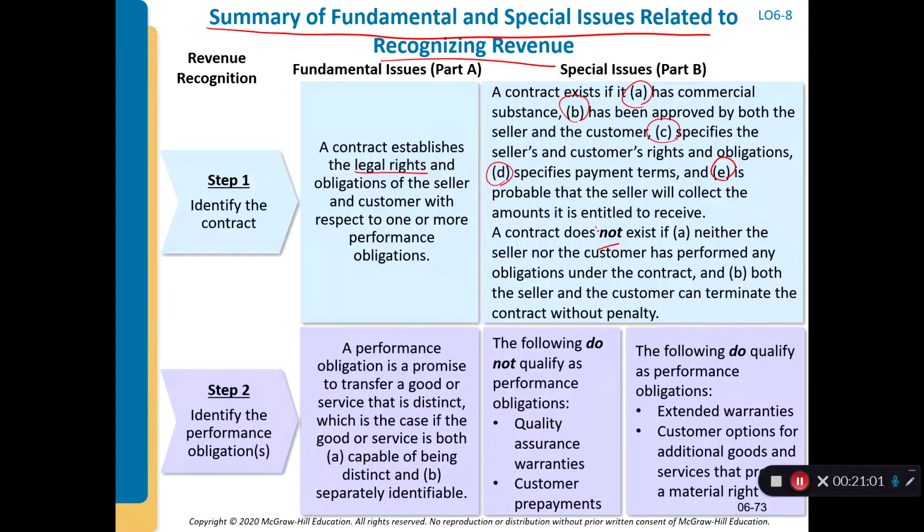The contract does not exist if neither the seller nor the customer has performed any obligation under the contract, or both can terminate the contract without penalty.